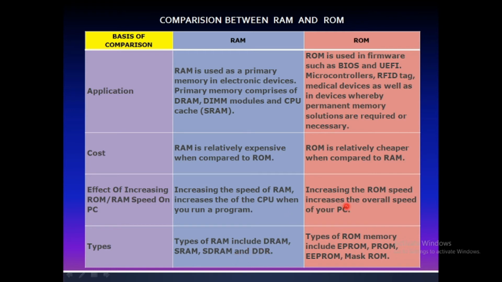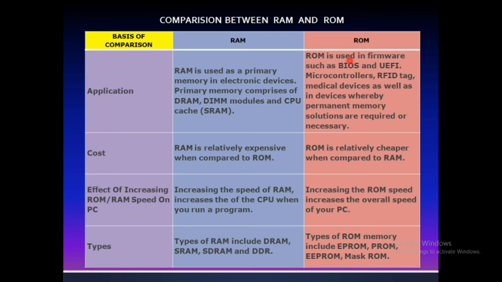When we talk about the types of ROM, we have PROM, EPROM, EEPROM, and mask ROM. So students, we saw the major differences on the various parameters that differentiate RAM and ROM.